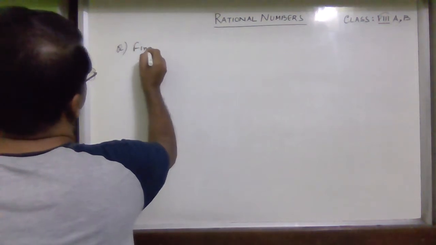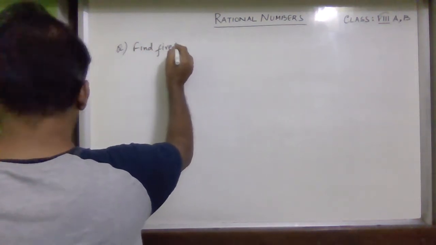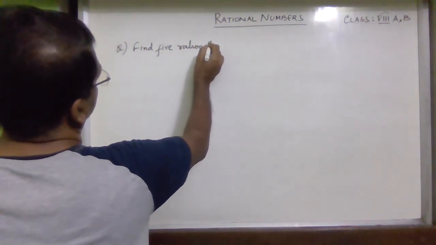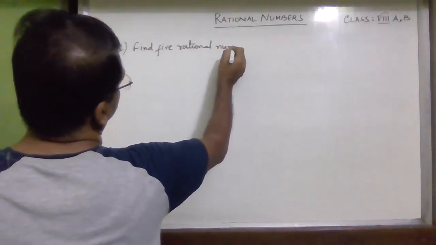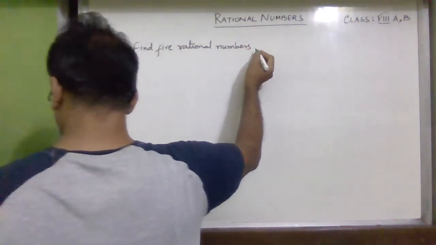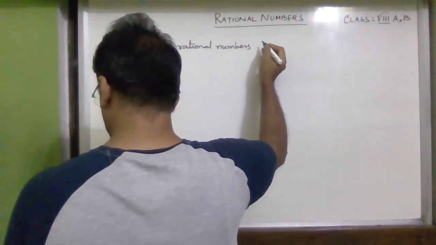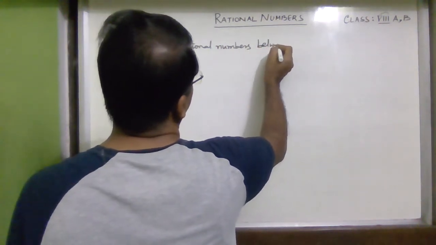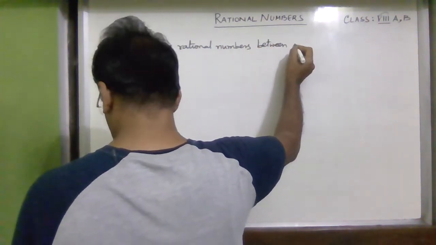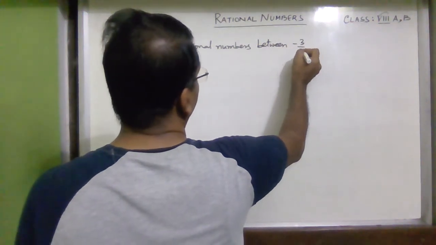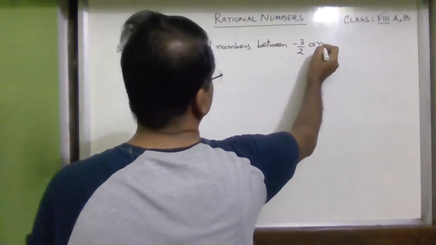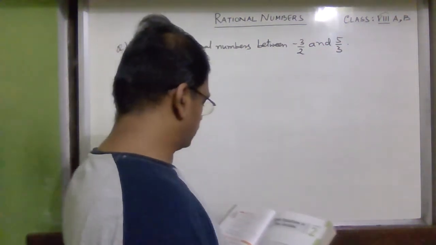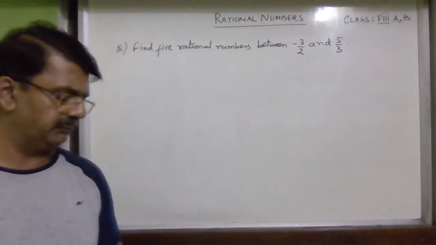Find 5 rational numbers between -3 by 2 and 5 by 3. -3 by 2 and 5 by 3.